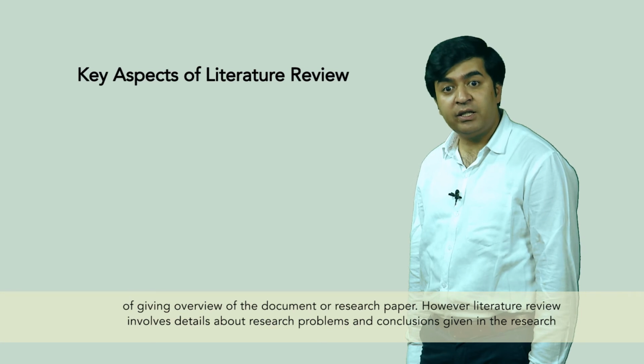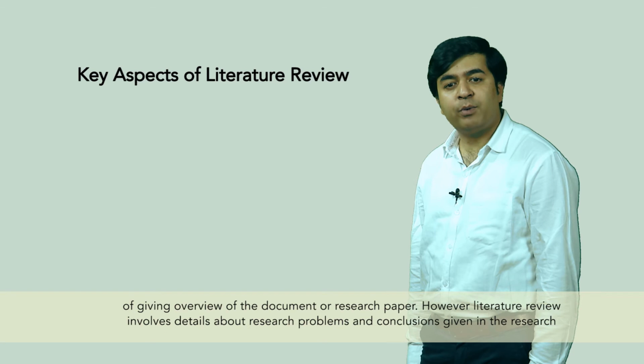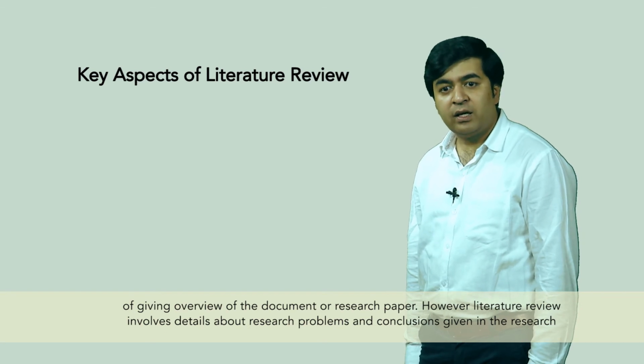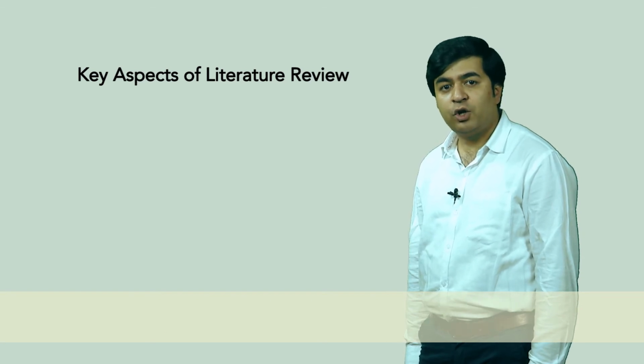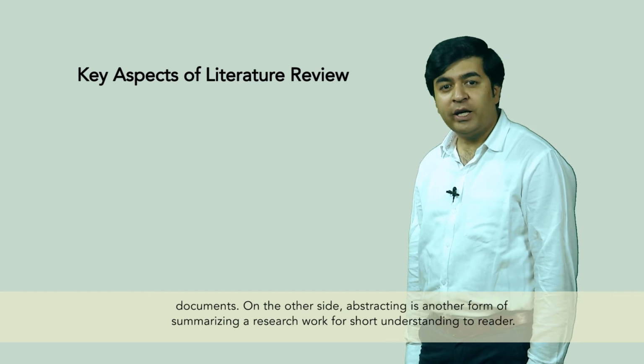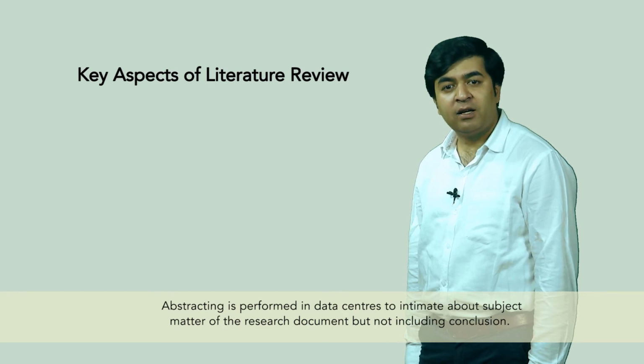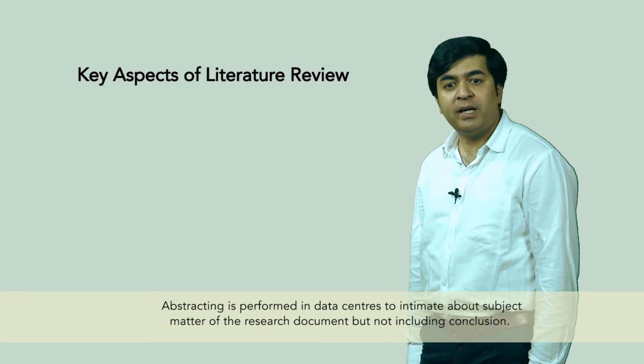However, literature review involves details about research problems and conclusions given in the research document. On the other side, abstracting is another form of summarizing a research work for shortening and easing understanding for the reader. Abstracting is performed in data centers to inform about the subject matter of the research document but does not include conclusions.